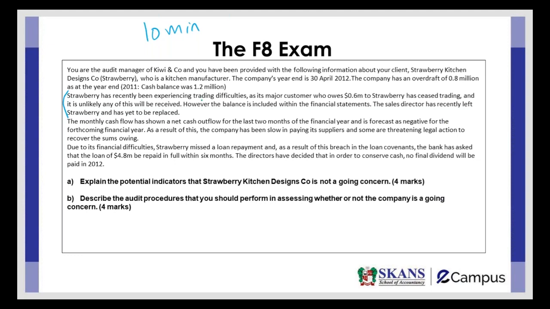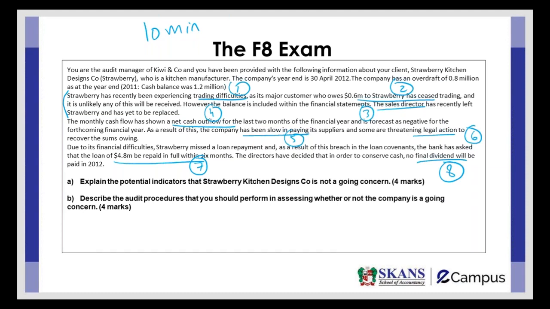Okay, guys. Most of you have correctly identified it. If I quickly write this down: trading difficulties, major customer has ceased trading, sales director has left, forecast shows a bad situation, slow in paying suppliers, they are threatening legal action, a loan covenant has been breached and it's now repayable, and no final dividend has been paid.